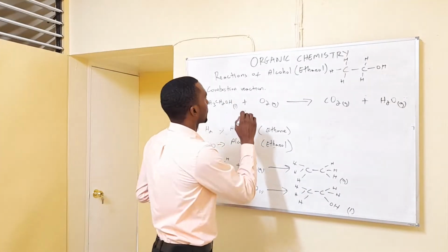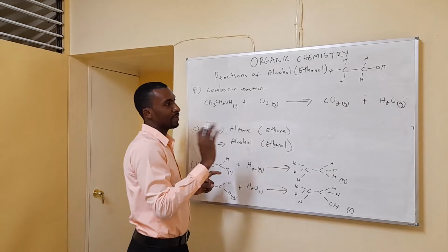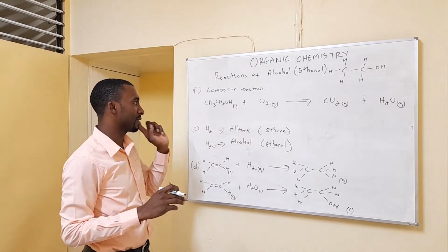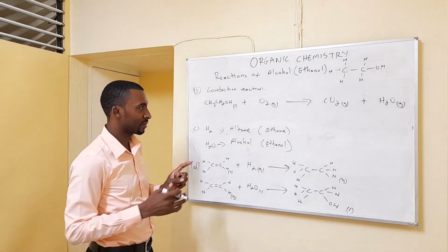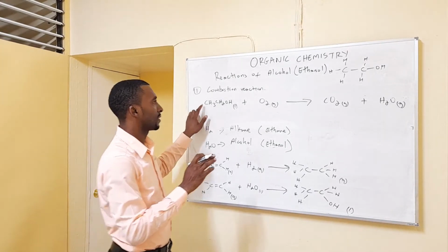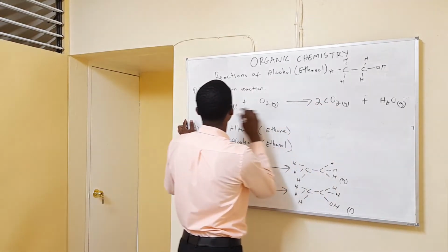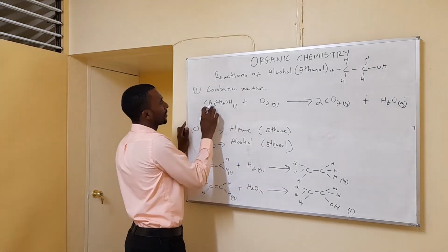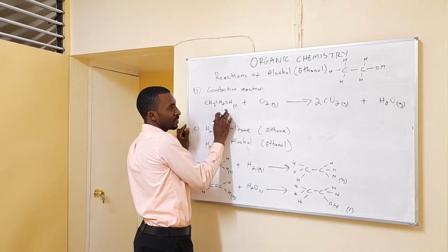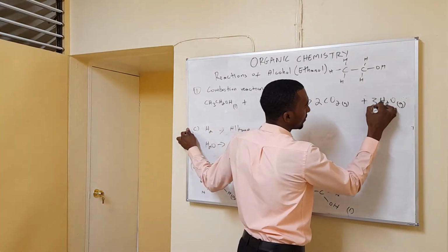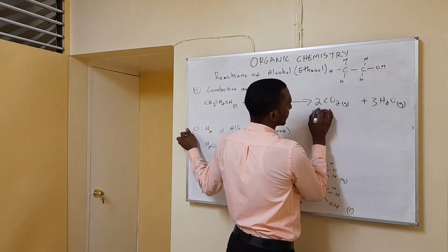Now, as I said before, when you balance these equations, you balance the carbon first, then the hydrogen, and the oxygen last, for it to be easy. So we need a 2 here, it's 2 carbon. Here it's 3, 4, 5, 6 hydrogen. We're going to need a 3 over here, 3, 2, 6.